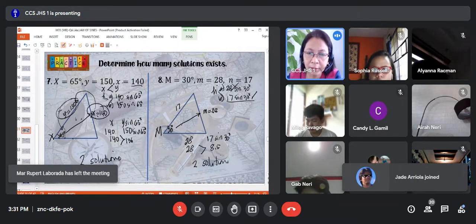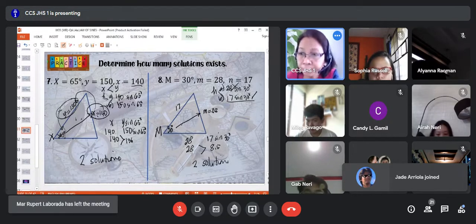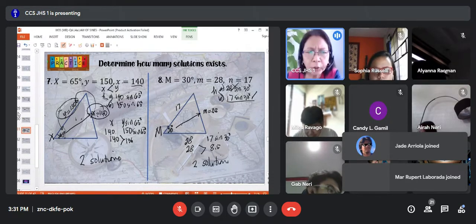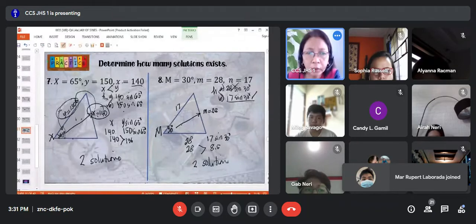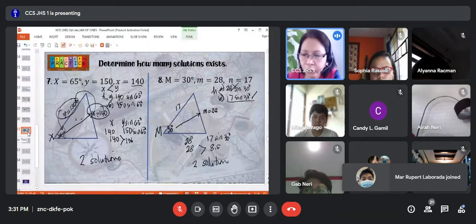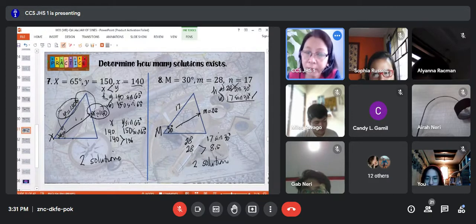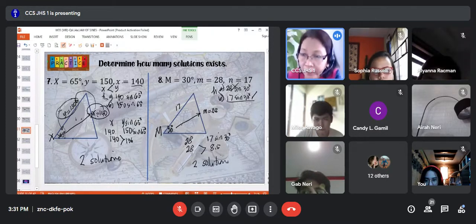Is this clear? When are you going to solve the altitude? When the length of the side opposite the given angle is less than the other side.